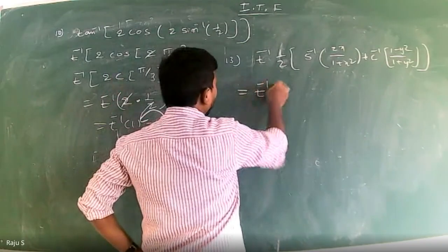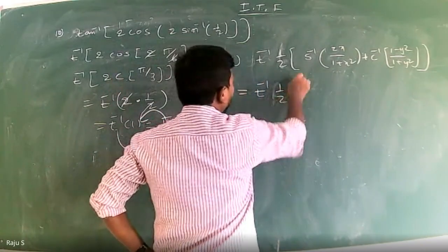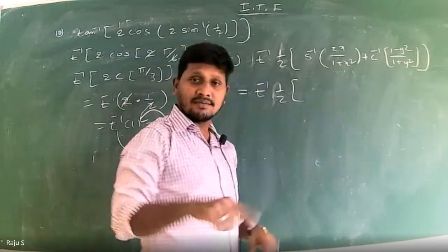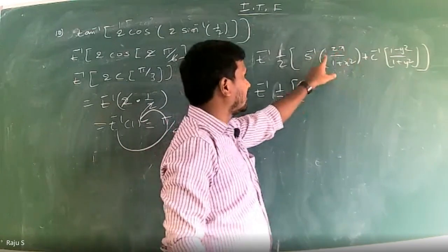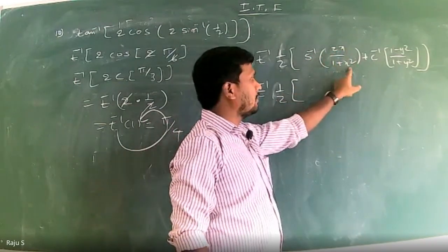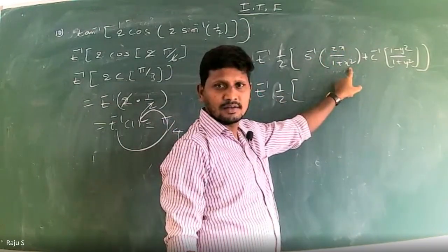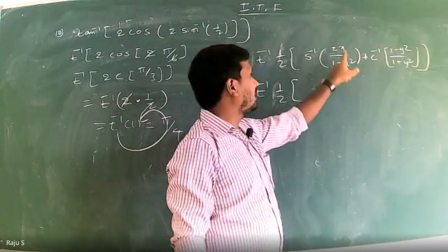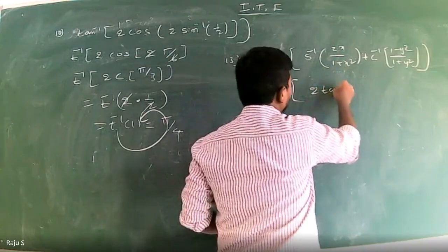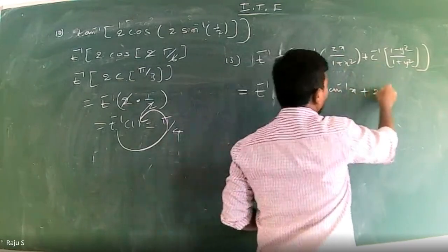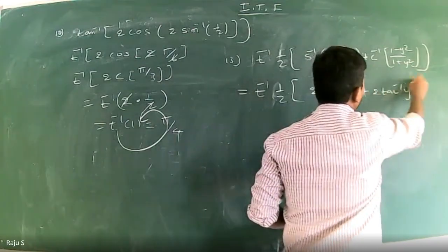See here, tan of 1 by 2 bracket, sin inverse in terms of tan inverse. Sin inverse of 2 tan theta by 1 plus tan square. Take x equal to tan theta. I have written this clearly as the 2 tan inverse x formula, and this as the 2 tan inverse y formula.